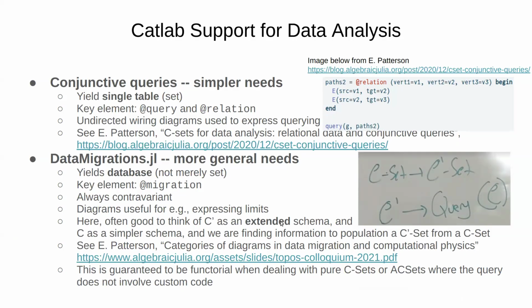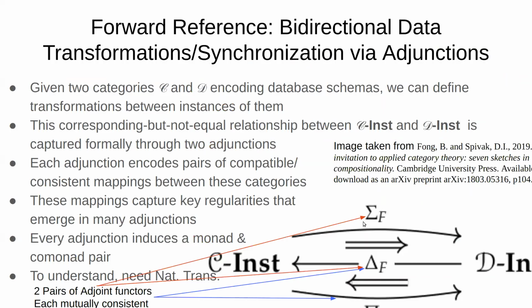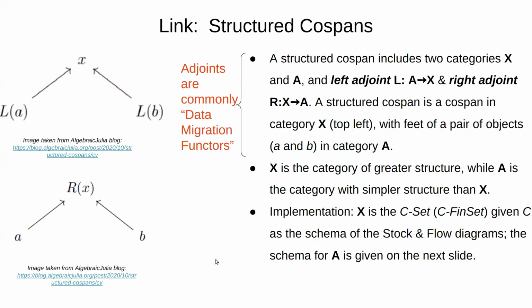And so often we think of C prime as an extended schema. We want to populate this newer extended schema from an older C set. And this gives us a really flexible way to do it. So even if it's not one of these simple data migration functors, we can have a more sophisticated one that gathers the goodies here to deduce them here. Are we okay with that? Okay.